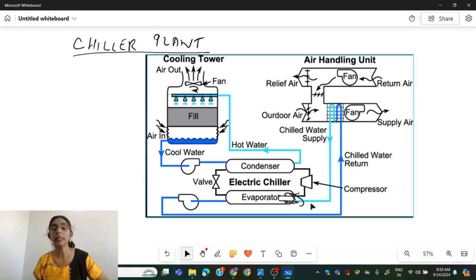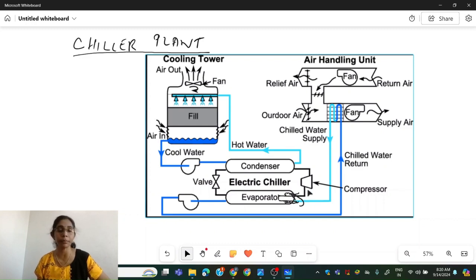Once it enters the compressor, at the entry point you will understand that the refrigerant vapor is at low pressure. There is not much variation in the pressure. The compressor, the major unit of this electric chiller, will increase the pressure, from low pressure to high pressure.